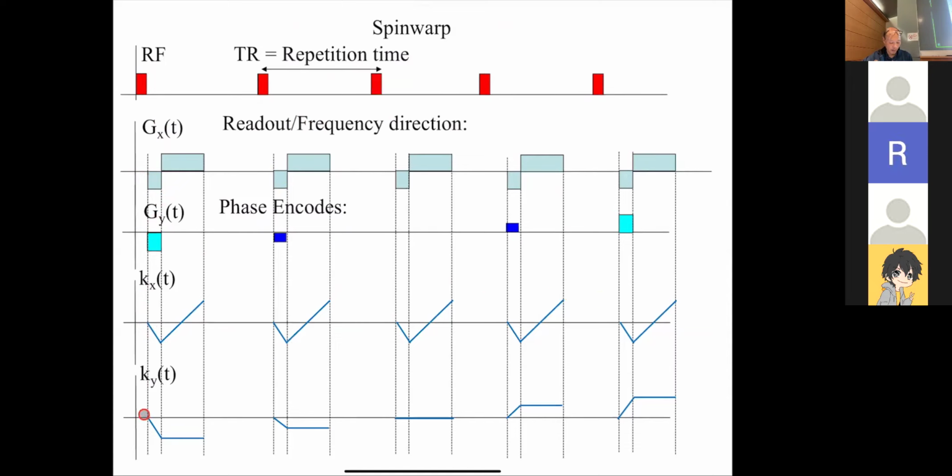And then if I have a KY gradient, it's just taking me to some negative part in K space, and then I hold that part in K space, right? I don't move because I've turned off this gradient. And then the starting point just varies with each phase encode, okay? So at every rep, I'm encoding a different KY line, all right? But I'm always doing all of KX for spin warp.